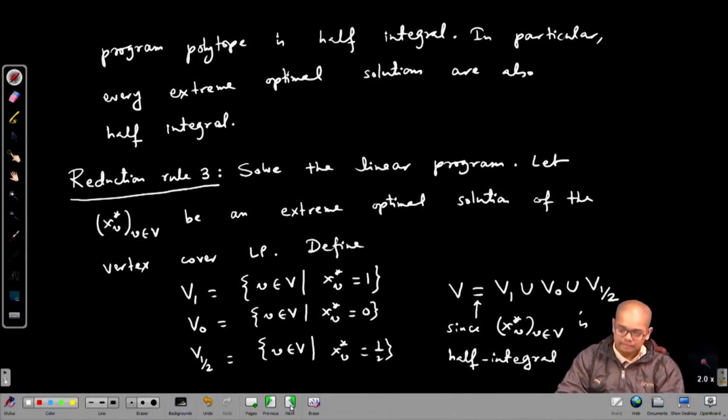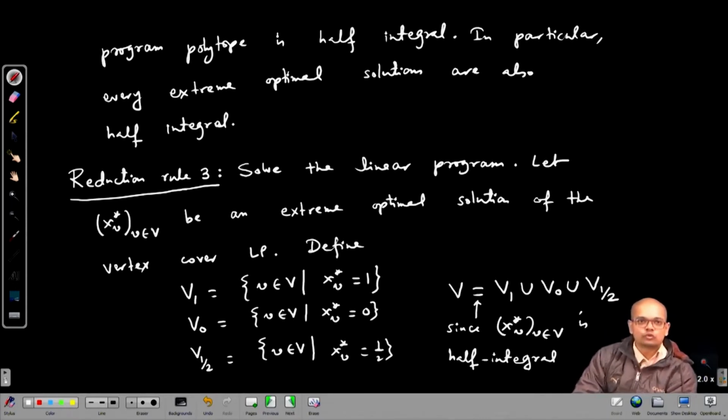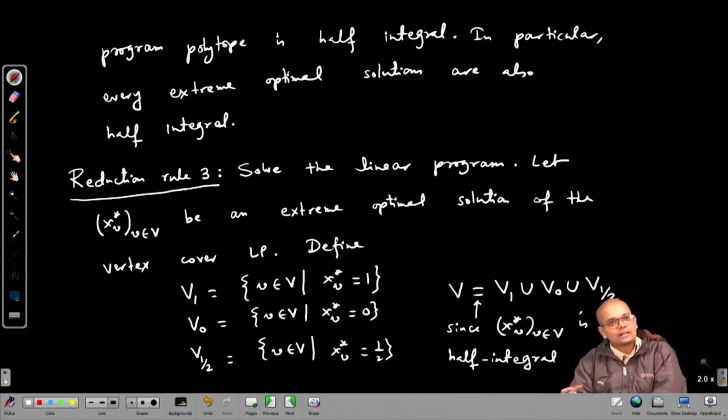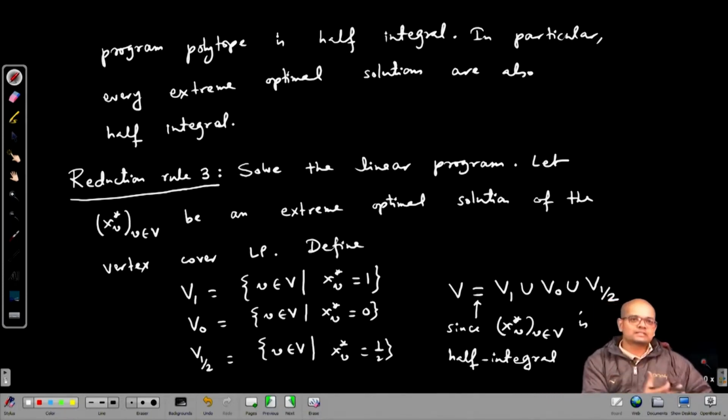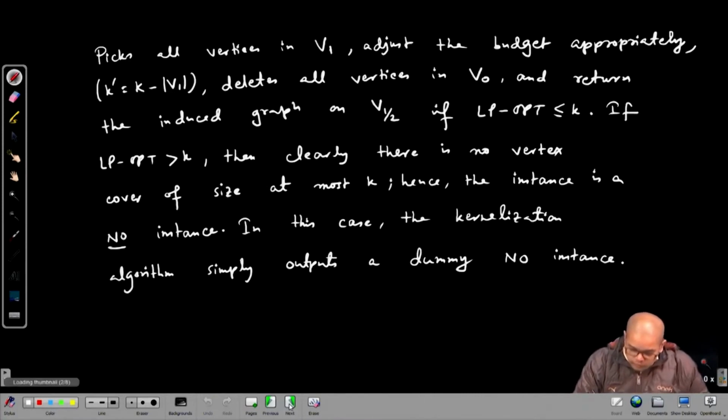But why are we deleting V0 and picking all vertices in V1 as part of the solution? Why must there exist a minimum vertex cover which is contained in V1 union V half? That is not clear and needs a separate proof.